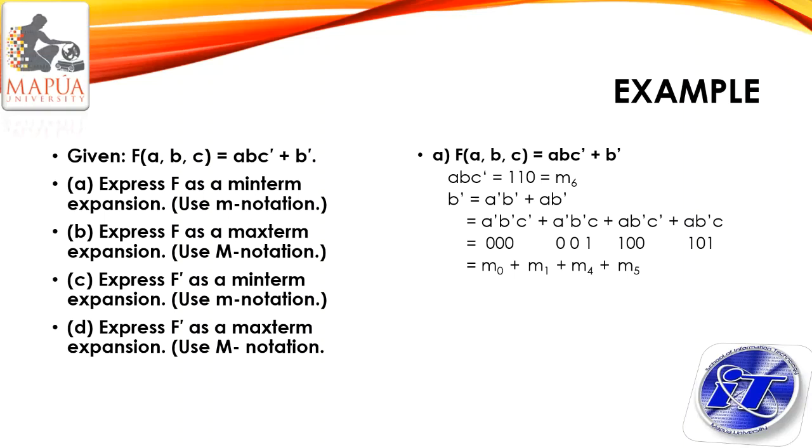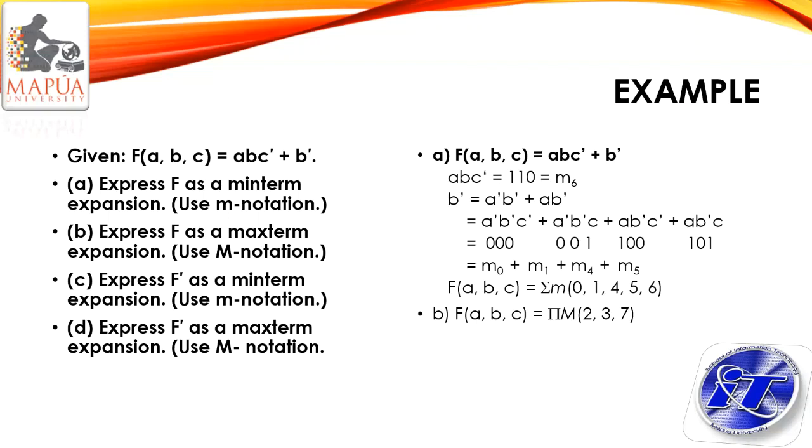So together with the first term, we have this list. Summation of min terms 0, 1, 4, 5, 6. And to answer B, just determine the values which are not part of the min term list, which are 2, 3, and 7.